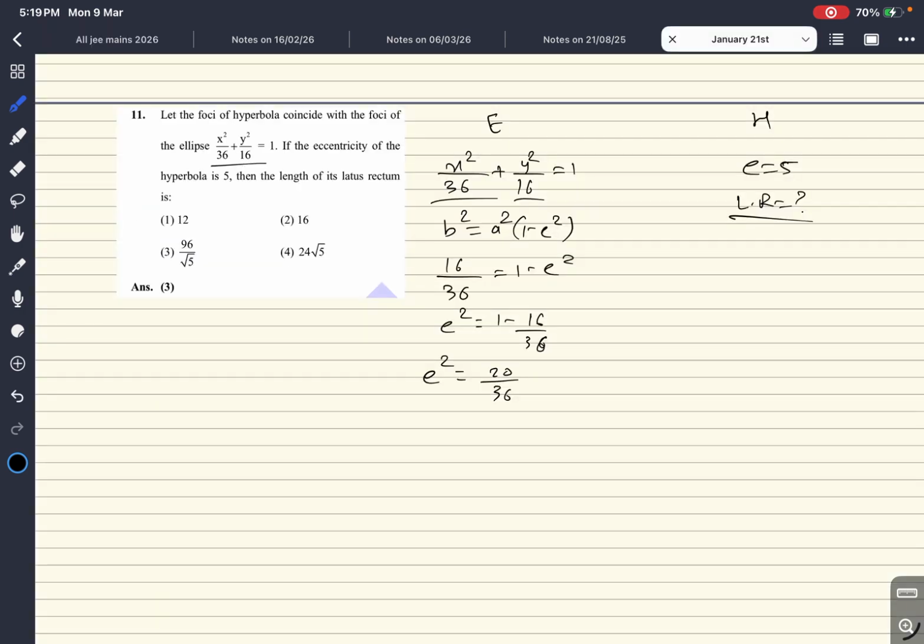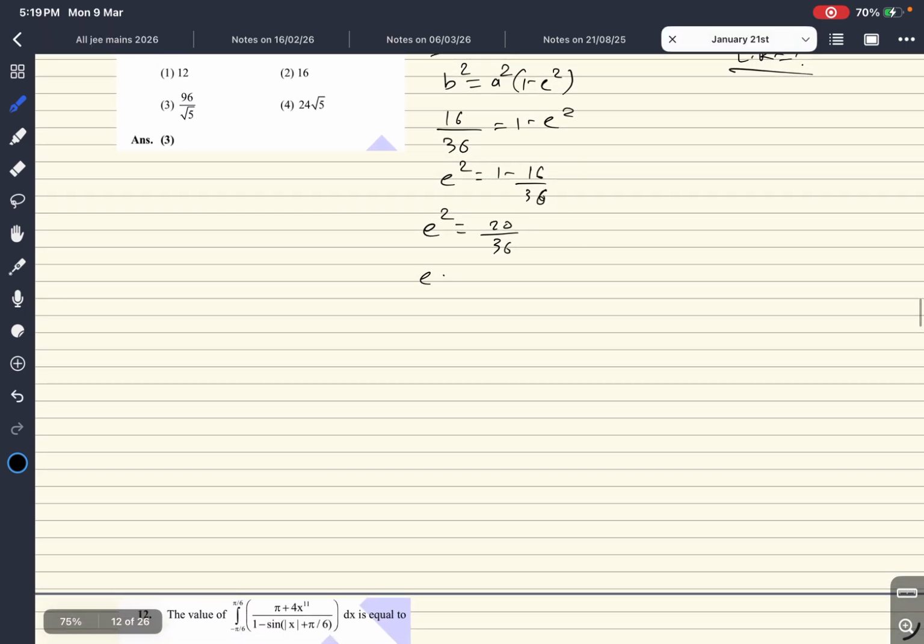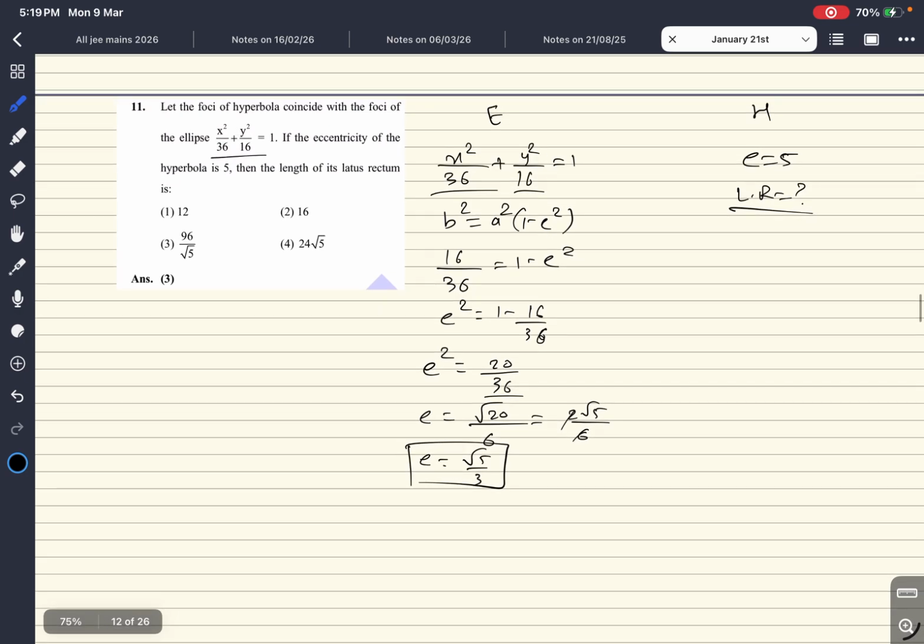So eccentricity is coming root 20 by 6. Root 20 is nothing but root of 4 into 5, which is 2 root 5, so 2 root 5 by 6, so root 5 by 3. So e is coming here root 5 by 3 for the ellipse, correct?